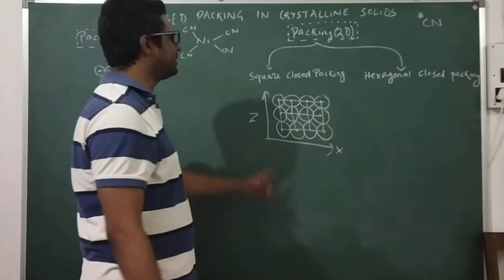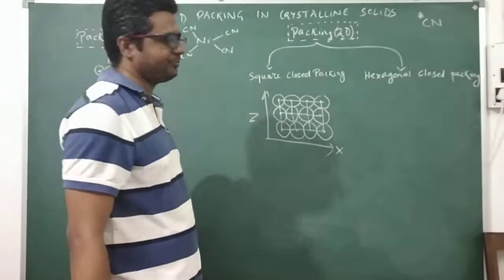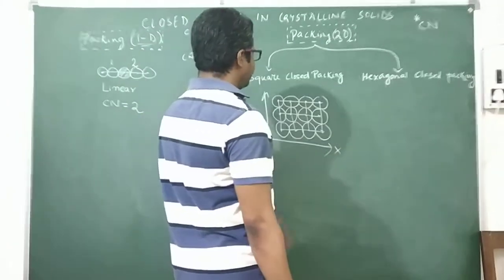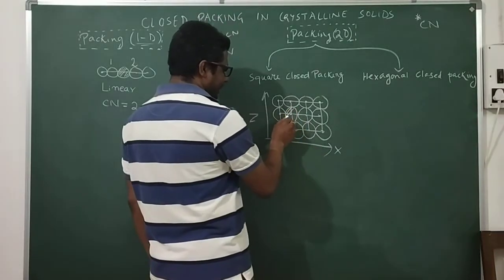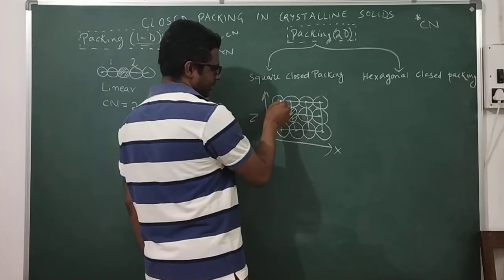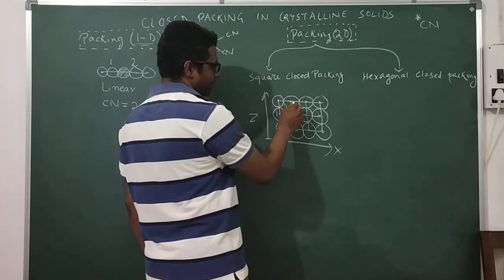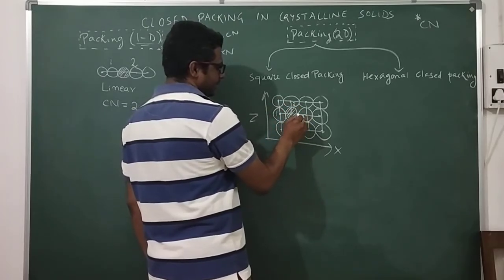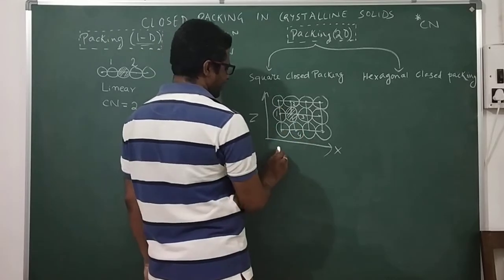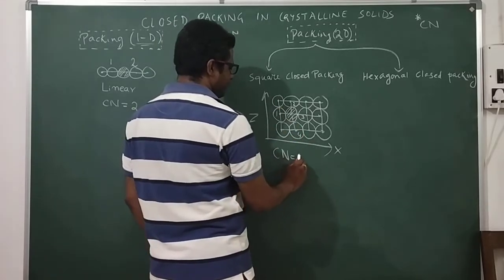So that is why it is called square close packing. Next is coordination number. If I take this atom as a reference, it is in contact with 1, 2, 3, 4. So the coordination number of this kind of packing is 4.